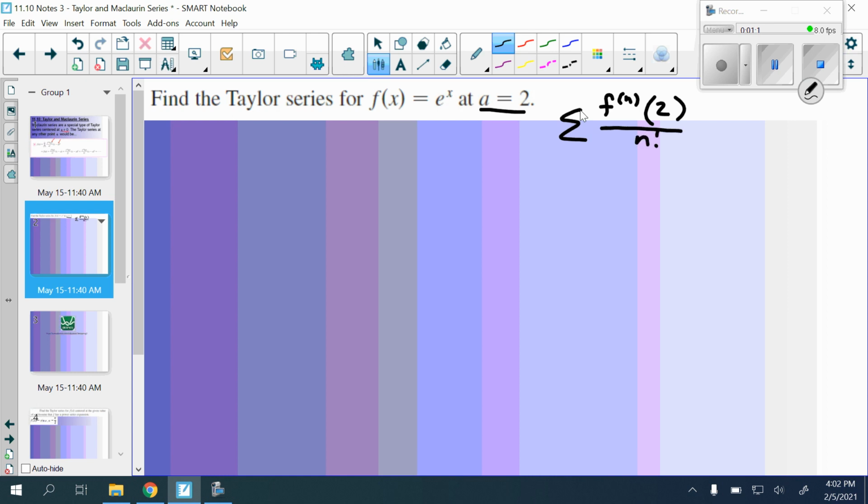And now, instead of x to the n, it's going to be x minus whatever our a value is, to the n. Because we're doing it at 2, this will be a 2 here.